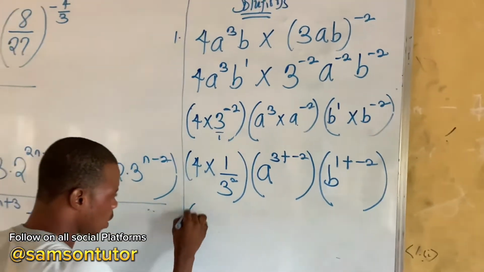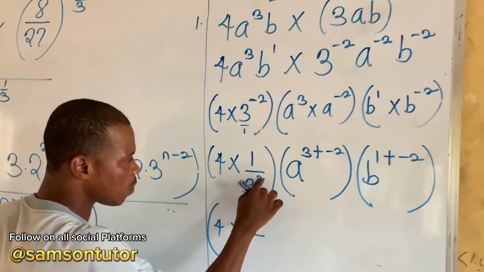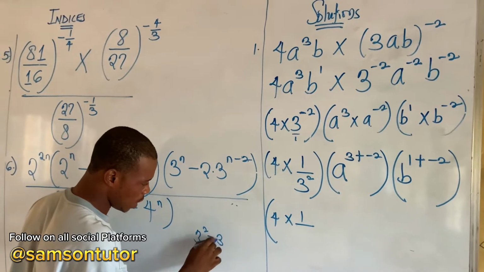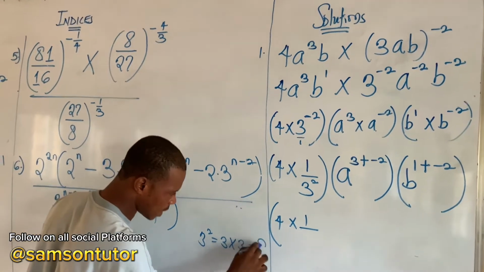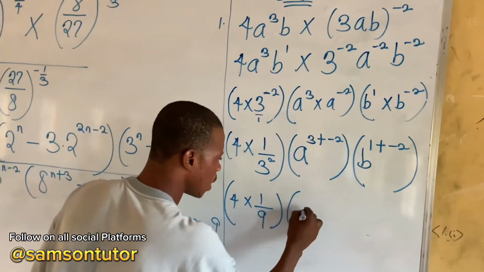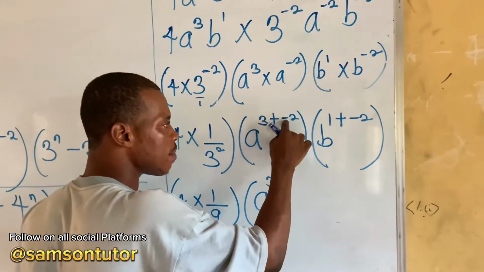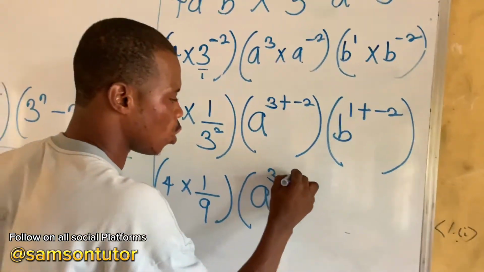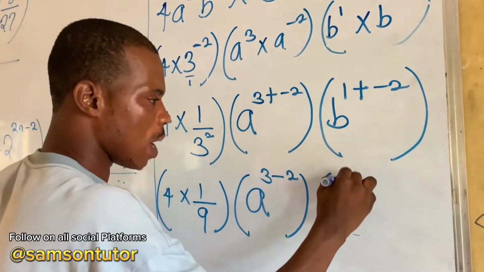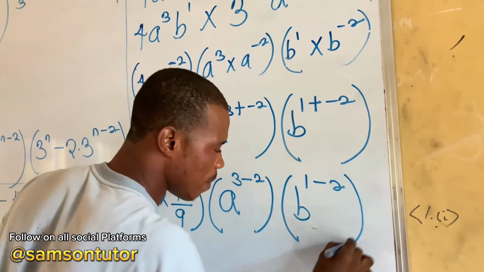Now, in this instance, we have 4 times 1 over 3 raised to power 2. It means 3 raised to power 2 means 3 times 3, which implies 9. In this instance, we have 3 plus times minus will give us minus. We have minus 2. And in this instance, we have b raised to power 1, plus times minus will give us minus, so we have minus 2 here.